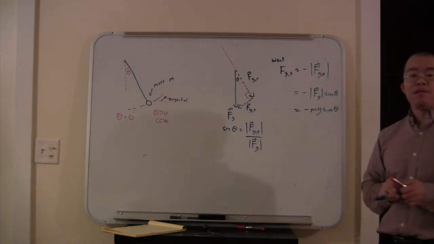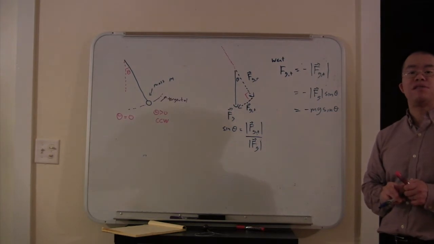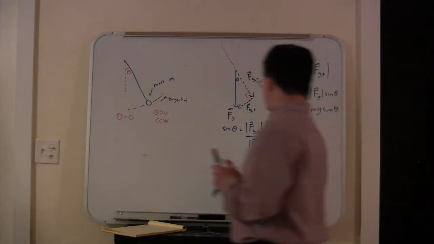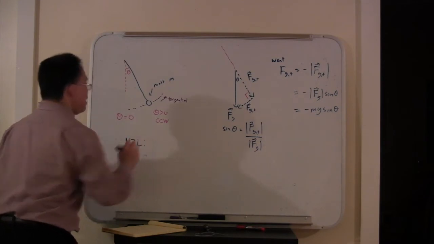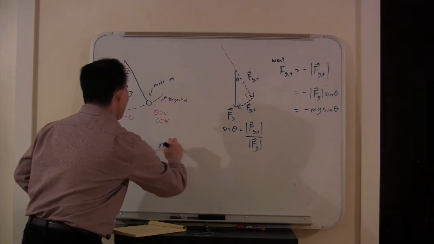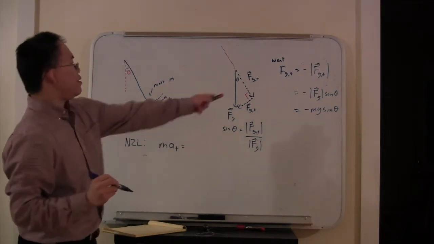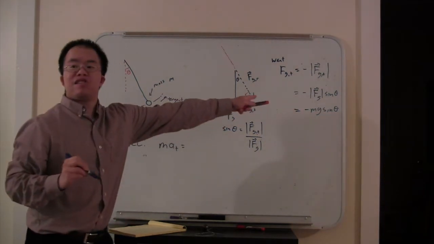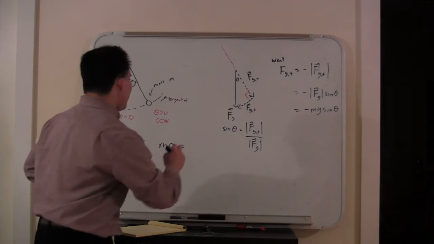So at this point, we can put this into Newton's second law. Returning to that tangential component, we have m a tangential equals F net tangential, which we said was just the gravitational force because the tension is purely radial.